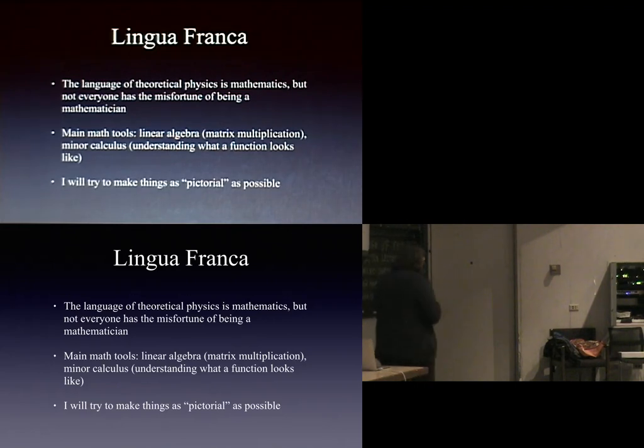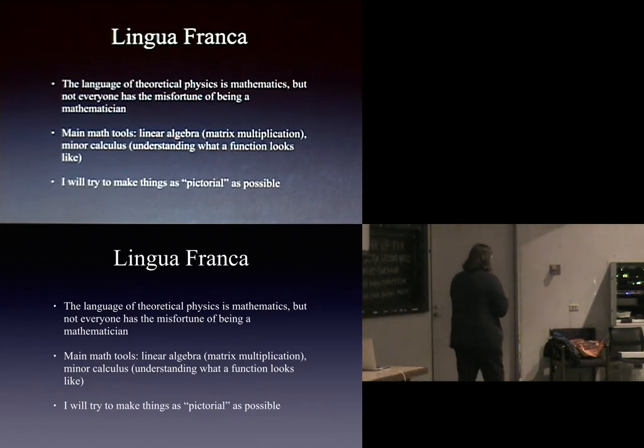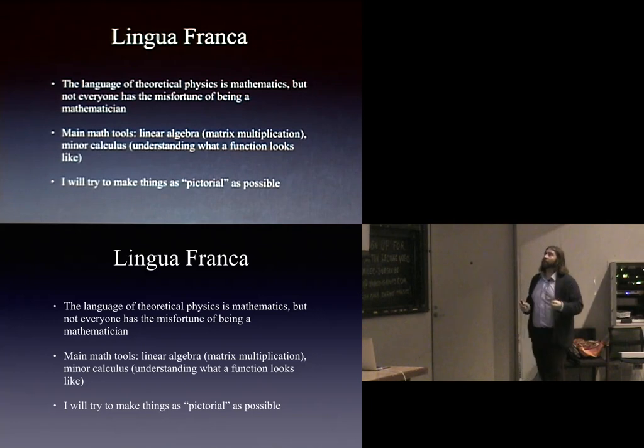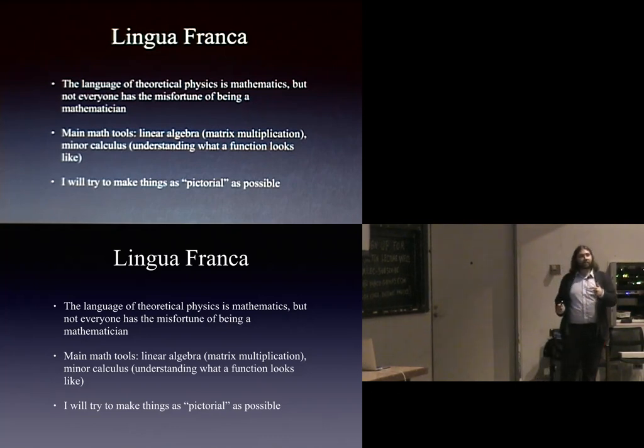So as we wrap up, I have to point out that as a theorist, the language of theoretical physics is math, and not everyone, fortunately, is a mathematician. But it's difficult to talk about a lot of the aspects of theoretical physics, especially the recent interesting developments, without at least making some appeals to mathematics.